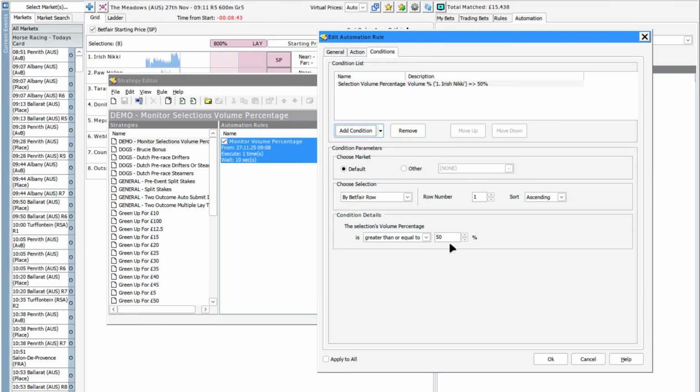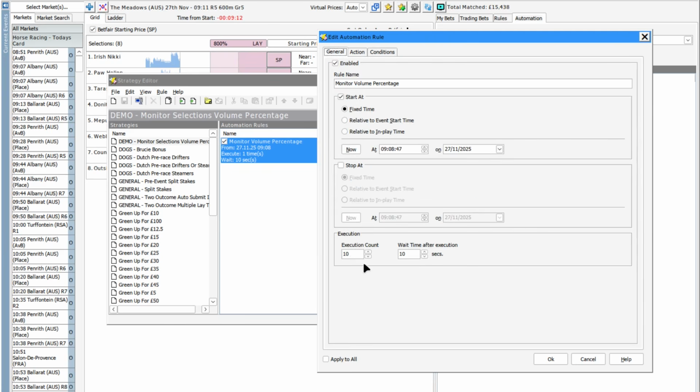Now what I suggest you do is you set the choose selection to at runtime, and you set the greater than or equal to 0. The reason for setting it to 0 is that if you set that to another figure, let's just say for the sake of argument 50%, if the share of the market volume for that selection falls below 50%, then these iterations will stop because the condition isn't met.